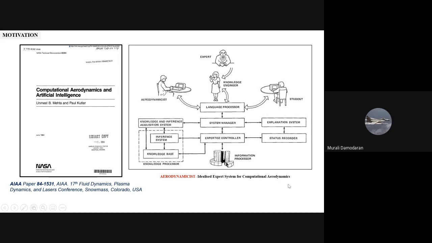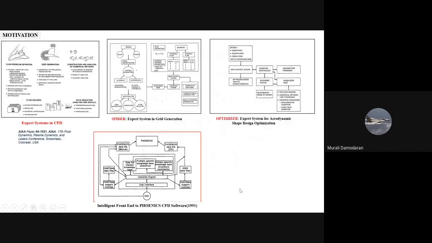They talk about the idealized expert system for computational aerodynamics. So this is actually the thought process from the olden way of thinking. They think that you have to do a lot of things. You need knowledge. So this is a flow chart, idealized, with knowledge, controller, whatever.